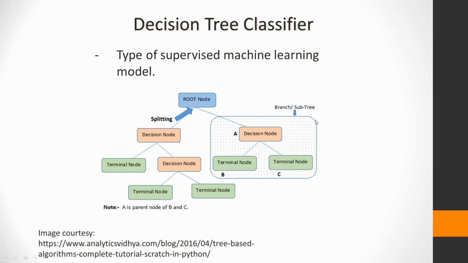Here we have decision node. Any node other than root node which is further divided into something is called decision node. If you see here, this particular decision node is further divided, but it is not a root node. So this is called decision node. And there is something else called a terminal node. Terminal node is the end, and it is also called a leaf.